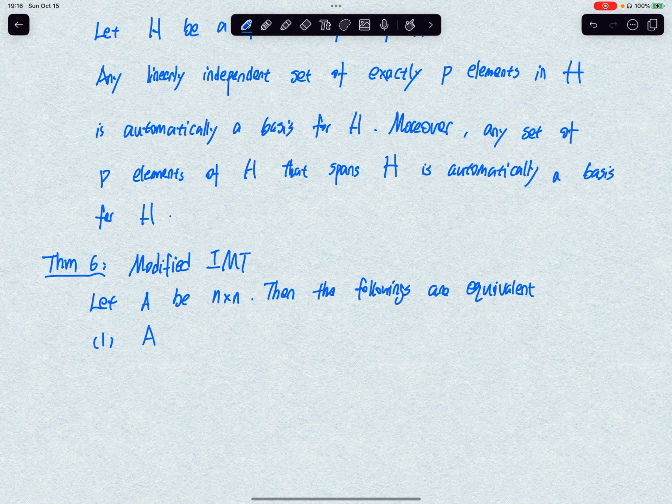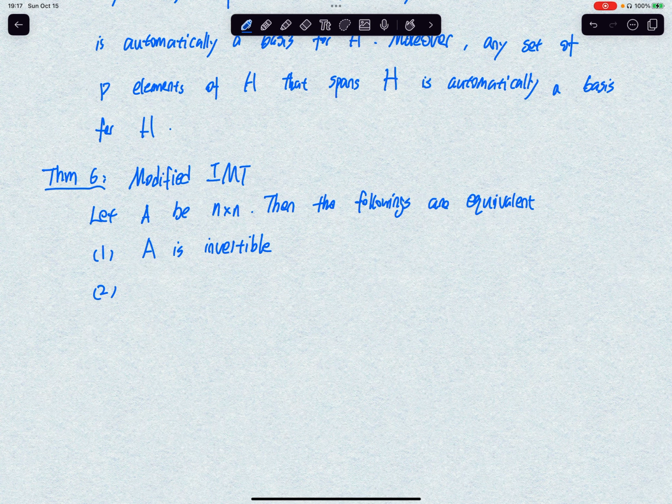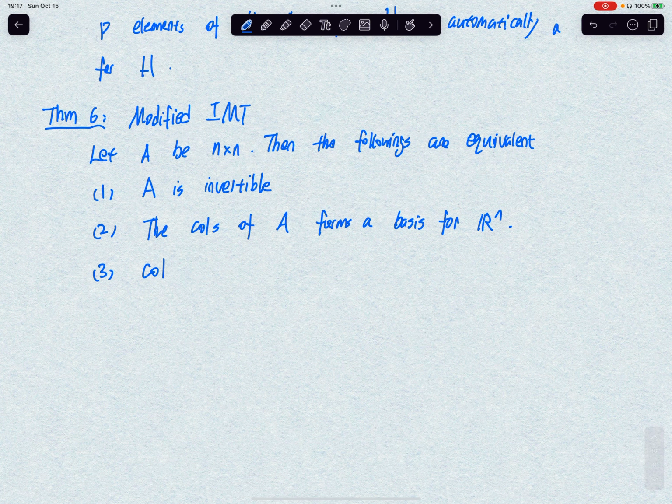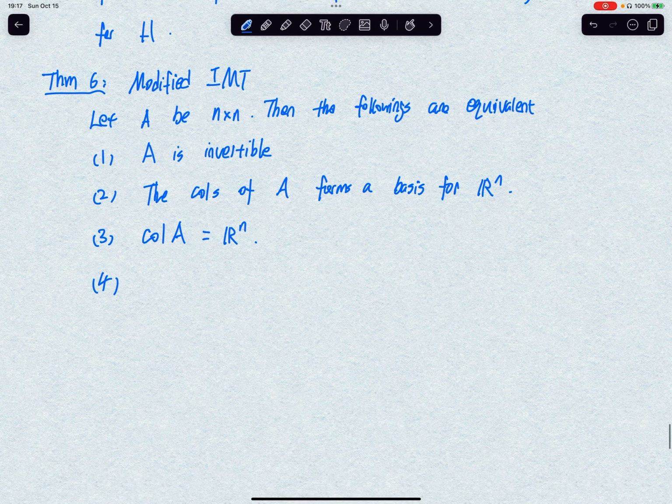First, A is invertible. Second, the columns of A form a basis for Rn. Third, the column space of A is Rn. Fourth, the dimension of the column space of A is n.